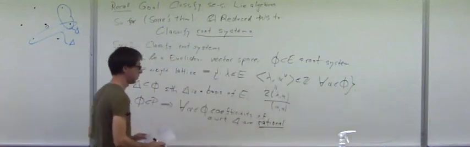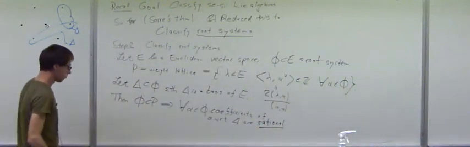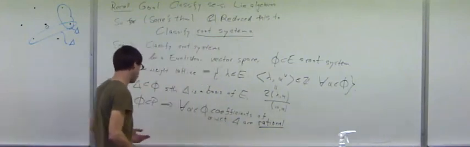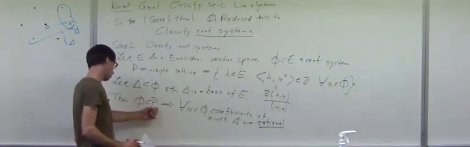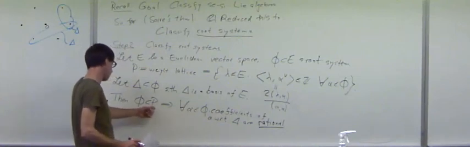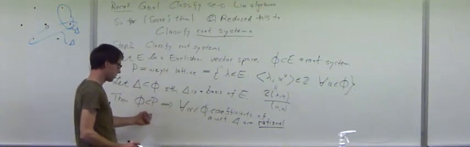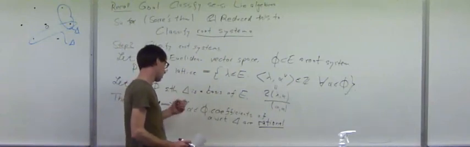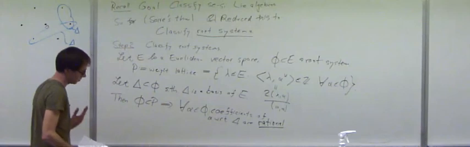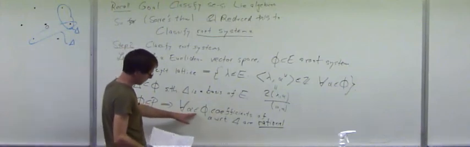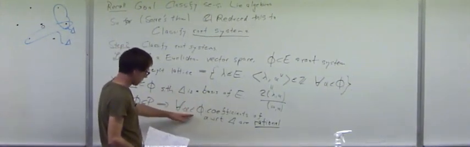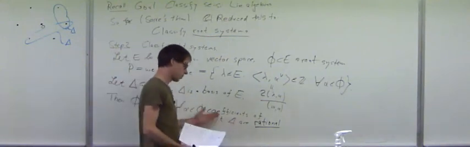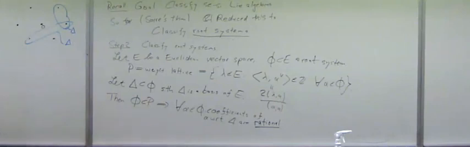Right, so there can't be any square root of 2 or any strange numbers, just because our basis consists of vectors in the lattice, and our roots, or things we want to express in the basis, also are elements of the same lattice, so the coefficients must be rational numbers.